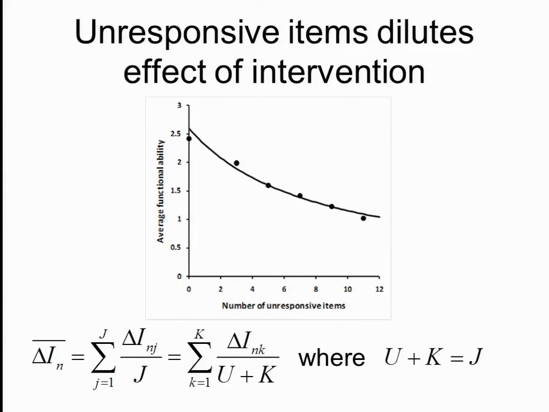The third dot is 4 unresponsive, and so on. And you can see that steady drop in the person measure as you include more unresponsive items with the items that changed. The curve drawn through the data is from this equation. So it's simply that the person measure drops as you increase the denominator.